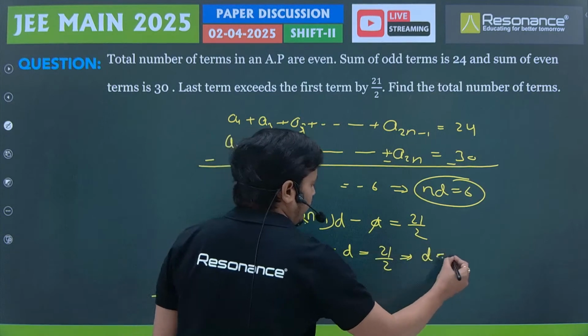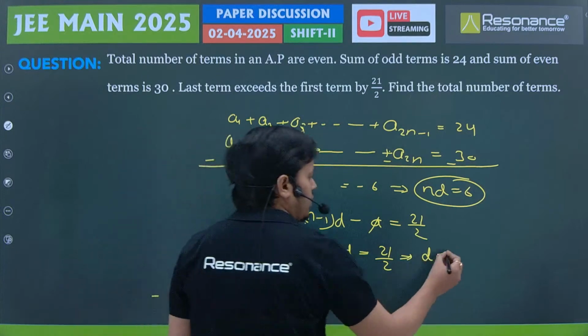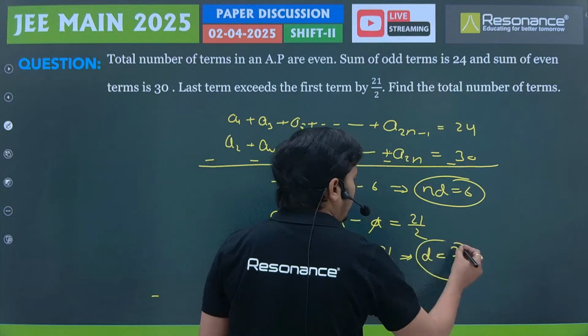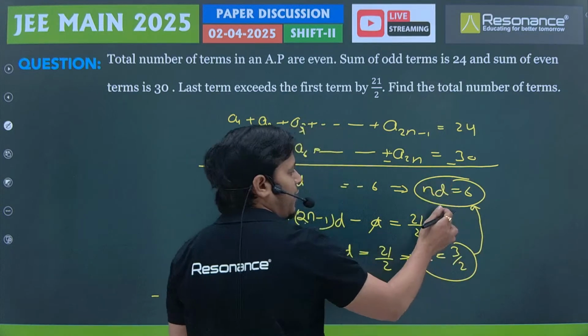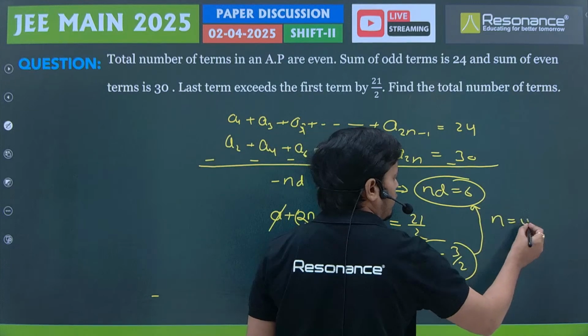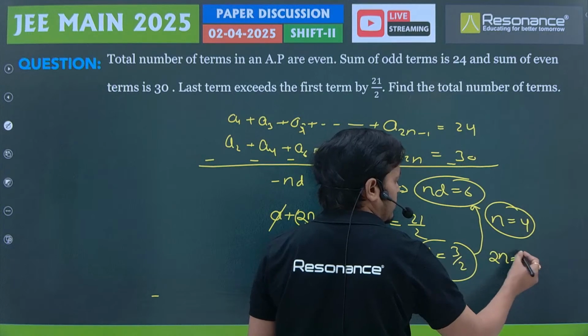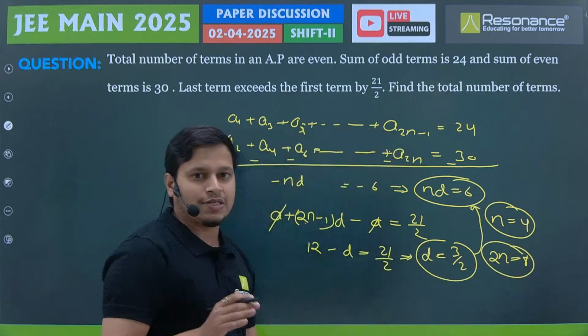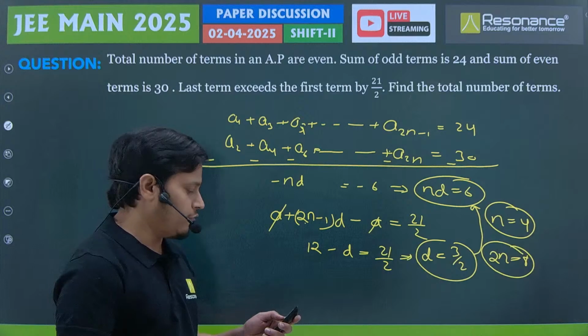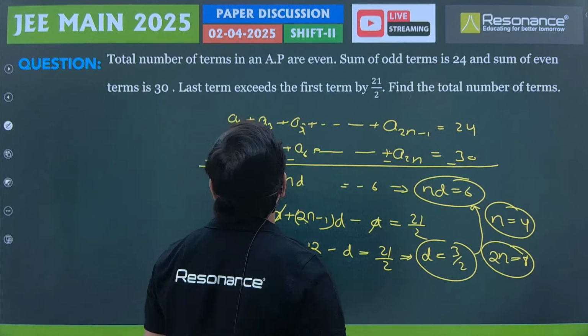From here we get the value of d: 12 minus 21 by 2, that is equal to 3 by 2. If we put the value of d, 3 by 2, here, 3 into 6, 2 times cancel, and we got n equal to 4. If n is 4, the number of terms is 2n, that is equal to 8. So this was the easy problem from the chapter sequence and series, and standard also, because in every lecture note you will see this same problem.